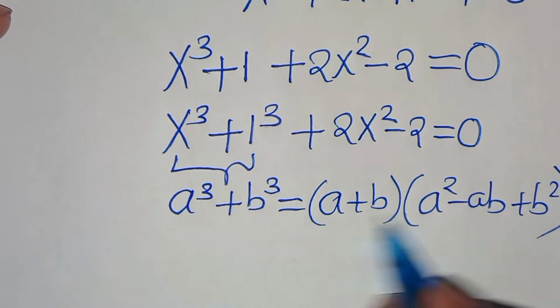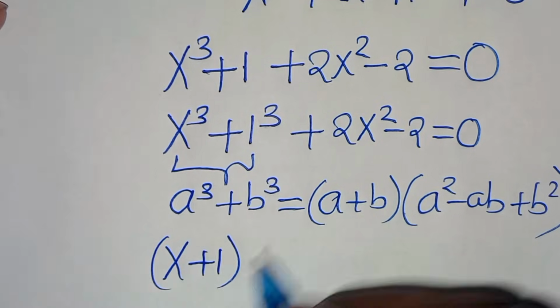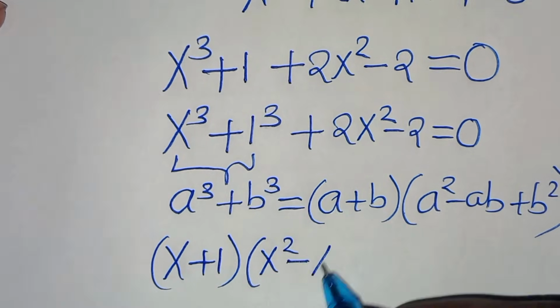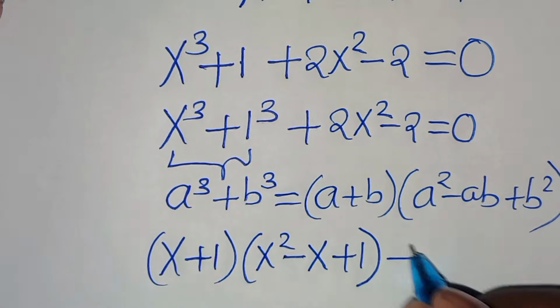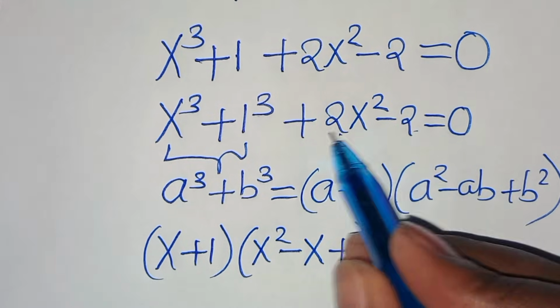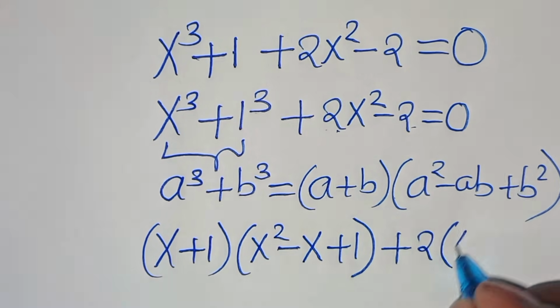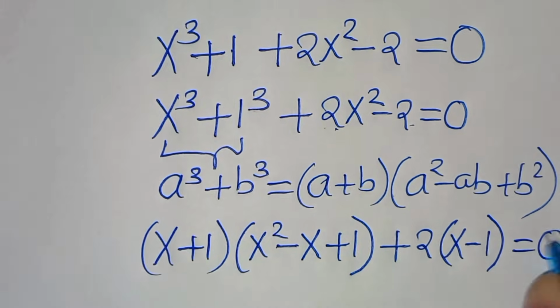So applying this identity, we have x plus 1 into x to the power of 2 minus x plus 1, close the parentheses, then plus. Now 2 is common here, so we factor out 2 into the parentheses. This is x minus 1, and this is equal to 0.